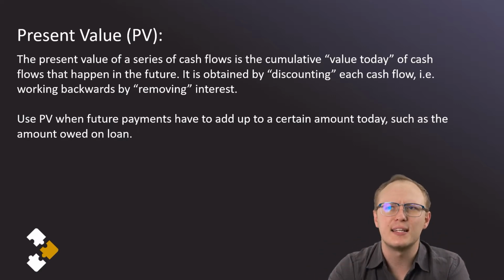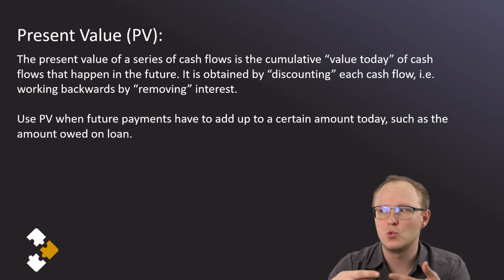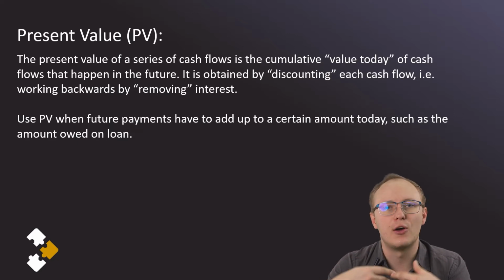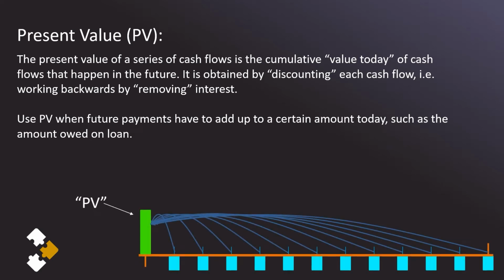But it only makes sense that the payments that you're going to make have to in some way equate to the loan amount that you're going to pay, right? So that loan amount is the present value of all of the payments that you need to make in order to pay off that loan, right? So it's taking each of those future cash flows and removing interest, working backwards in time in order to find the value today of those cash flows.